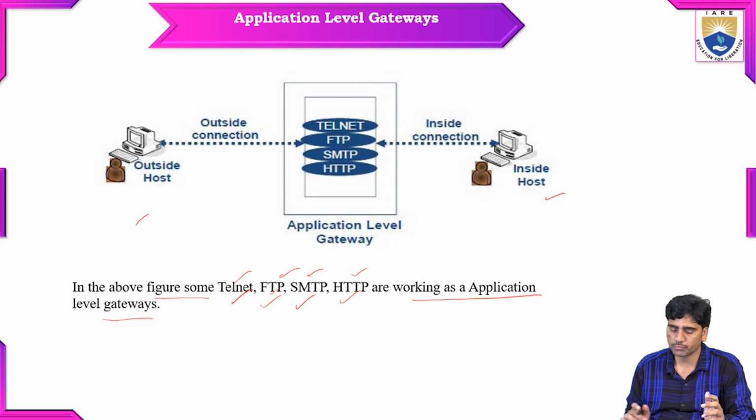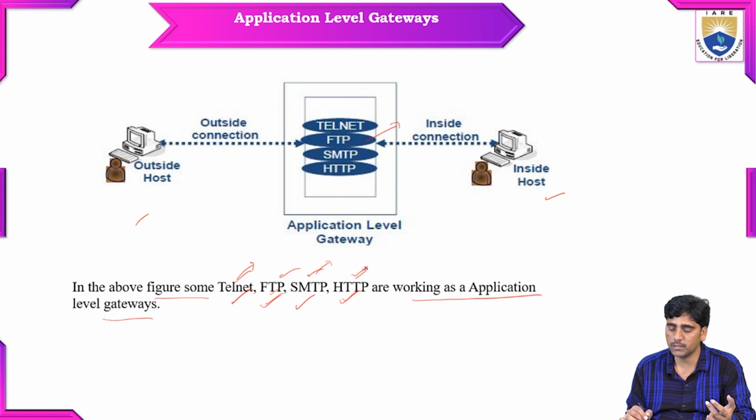Telnet is acting as the application level gateway for connection purposes. FTP, file transfer protocol, acts as an application level proxy for file transferring. Similarly, SMTP acts as an application level gateway for sending and receiving mails.